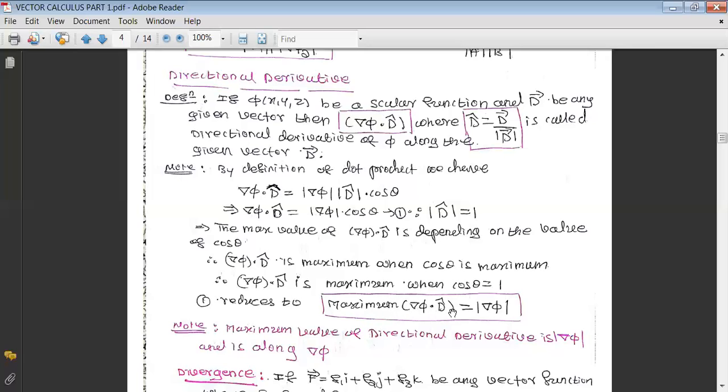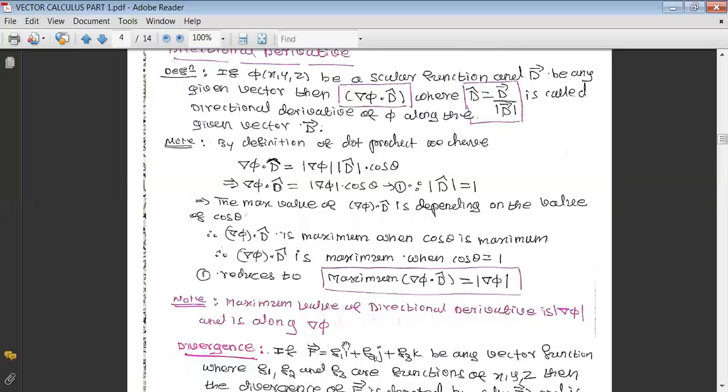This is what we call the directional derivative. Therefore, the maximum value of the directional derivative is given by |∇φ|, and it is along the direction of ∇φ.